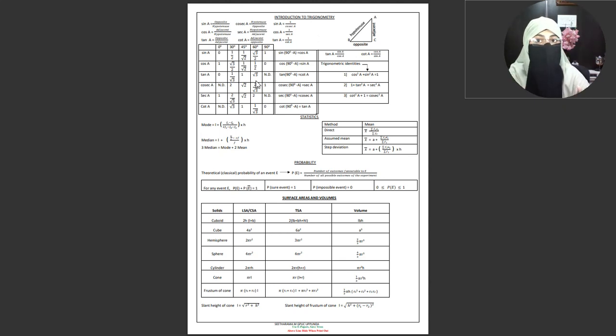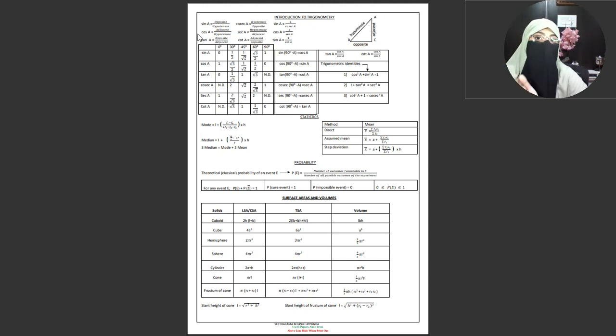It sounds very funny, but it is very easy to remember. Sine equals opposite by hypotenuse. Cos means adjacent by hypotenuse. Tan is opposite by adjacent.